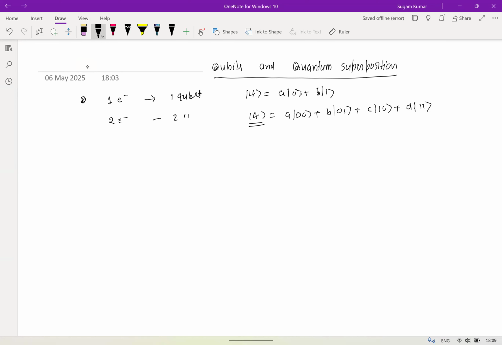And then we also discussed the Bloch sphere. We understood this with the help of the Stern-Gerlach experiment, how on the Bloch sphere we can show the spin state. I took the example of electron spin, so we can show this spin state on the Bloch sphere, and this spin state is going to rotate.